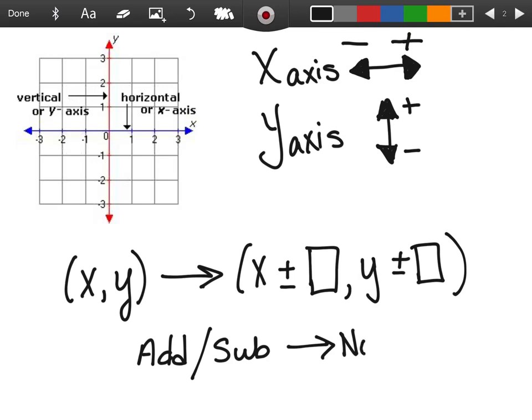We are not multiplying or dividing. Multiplying and dividing, remember, that is for dilations, and we are not dilating. Dilating changes the size. Translation does not. It strictly just moves it around on the coordinate plane.